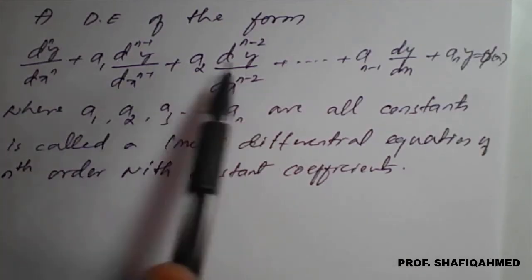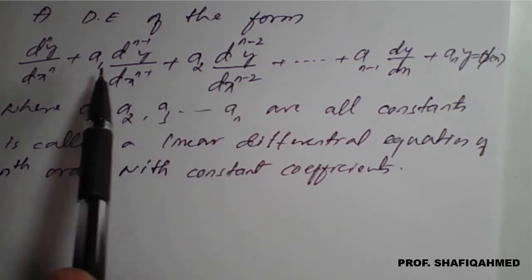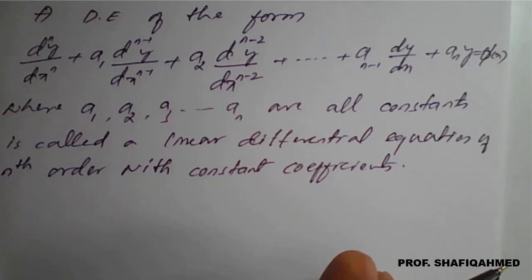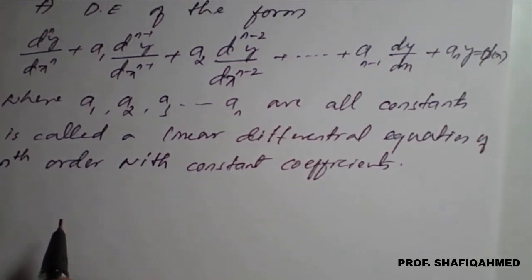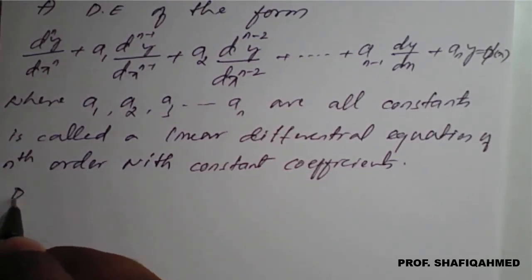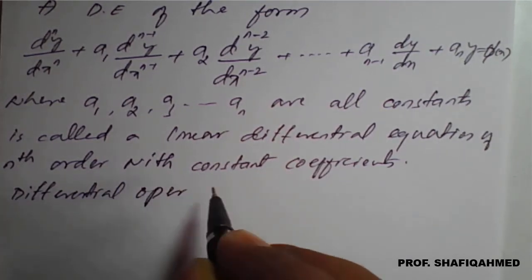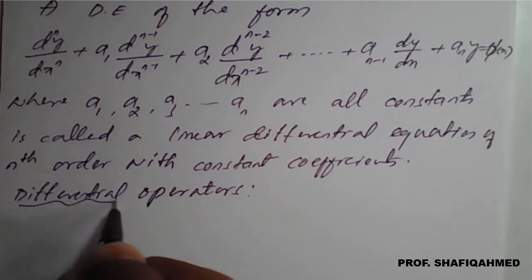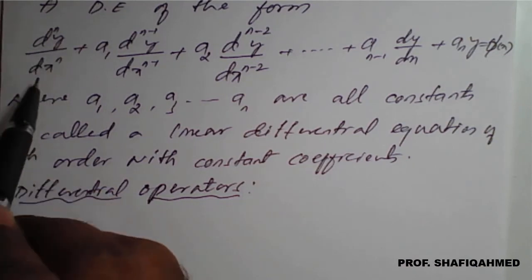So this is a general differential equation in the nth form, where a1, a2, a3 are nothing but constant coefficients. Here, using some familiar notation, differential operators. So d raised to n y of dx raised to n.